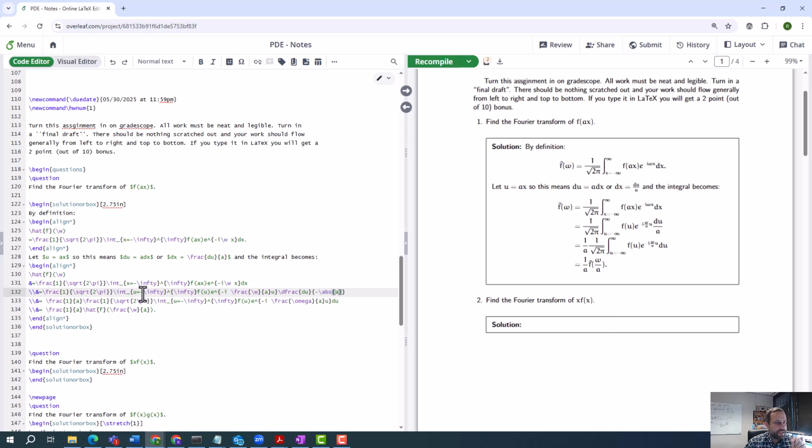But now the limits here, if u is equal to ax, and A is negative, and x is equal to minus infinity, then minus A times minus infinity is positive infinity.